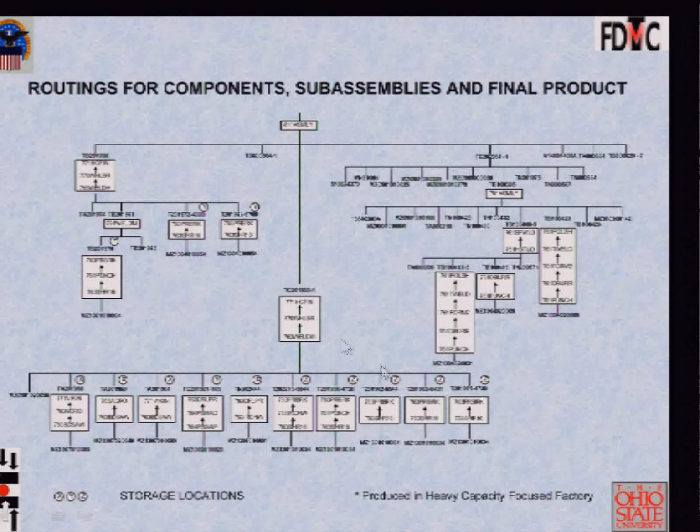Or do you have one area with its shear and its press brake devoted to making these components for this sub-assembly, and then have another focused cell or area which will have a shear and a press brake to make this sub-assembly? These are all issues of load calculations and equipment justification.